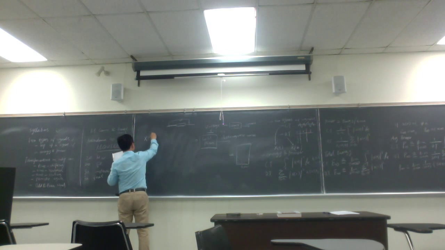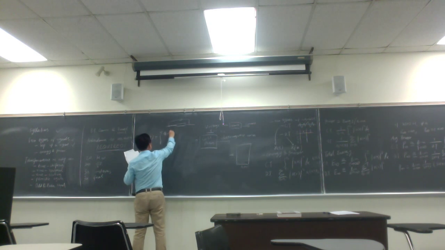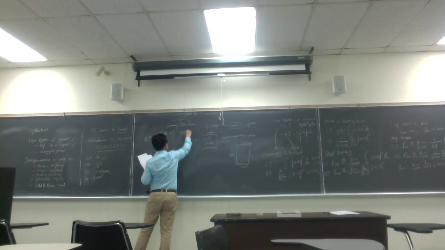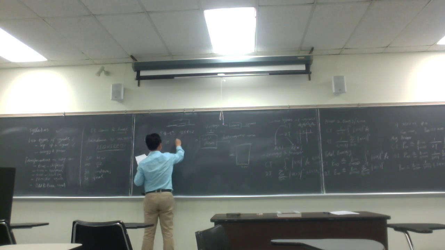Define x(t) equal to 4 minus t squared when t is between minus 2 and 2, and 0 else.